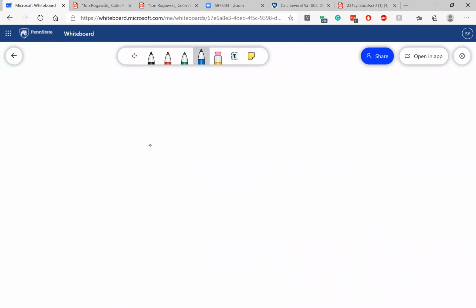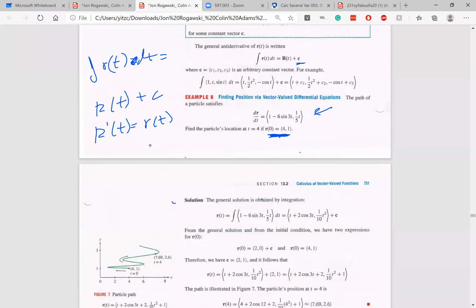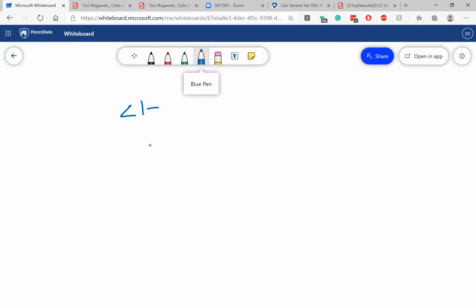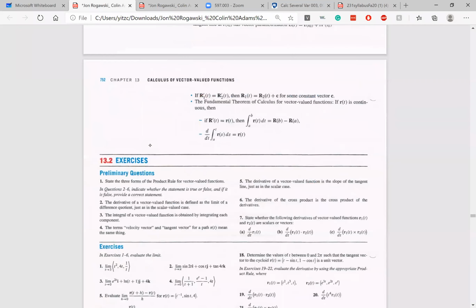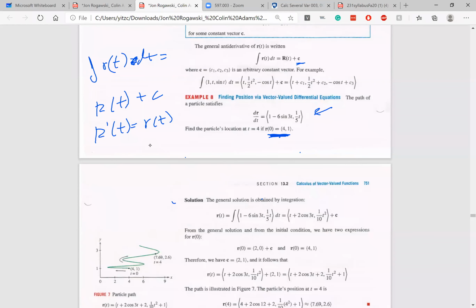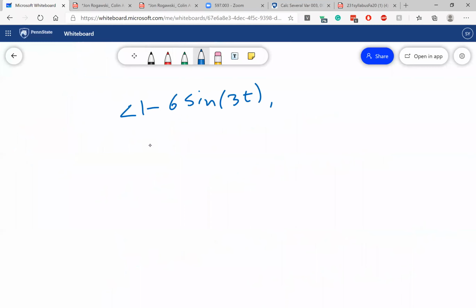So let's first write down what that is: 1 minus 6 sine of 3t, and 1 over 5t. This is dr over dt.